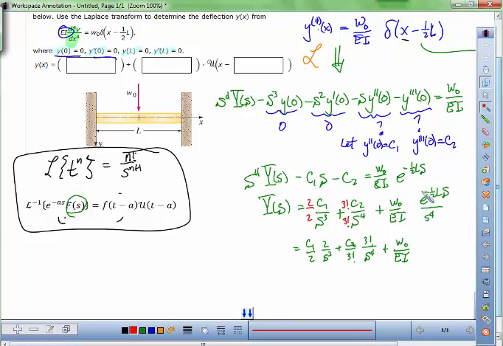And come back over here and say we actually wanted to multiply by 6 over 6 again. So the 6 in the denominator will just stay in the denominator, and then we have 3 factorial over s to the 4th, which will pull back as x to the 3rd, but with a shift because of this e to the minus 1/2 L times s.